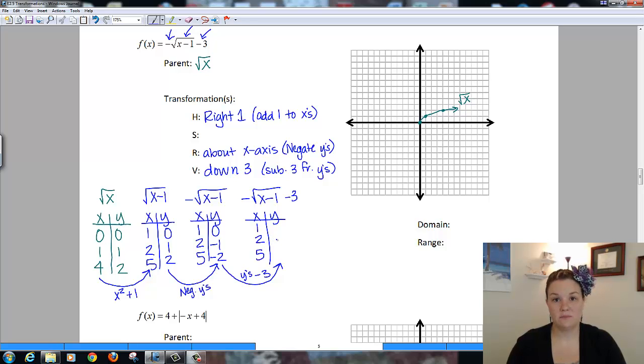My y's, when I subtract 3, 0 minus 3 is negative 3. Negative 1 minus 3 is negative 4. And negative 2 minus 3 is negative 5. So I'm going to go ahead and plot the points of my new function. So at 1, I'm at negative 3. At 2, I'm at negative 4. And at 5, I'm at negative 5.